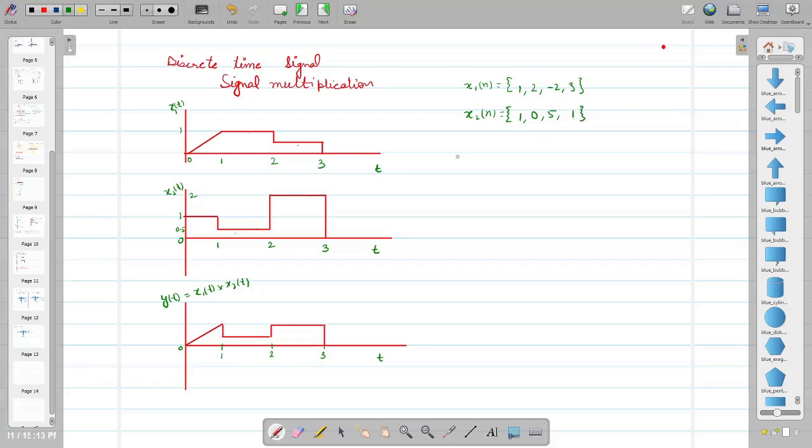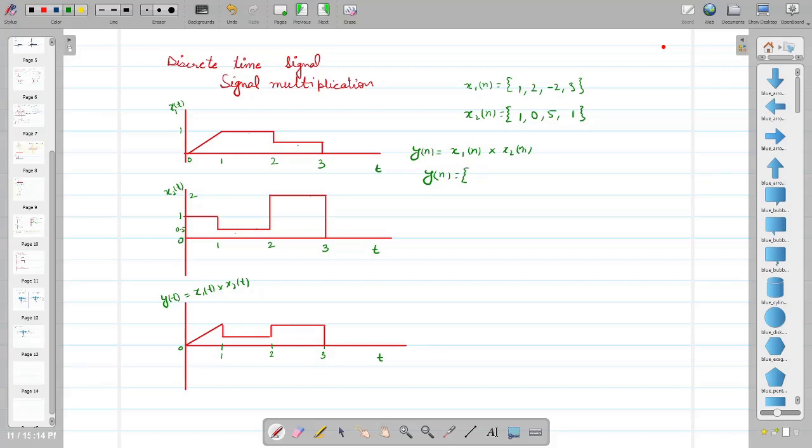So with this kind of sequences, we have to perform the multiplication of two discrete sequences. So it is given by this equation, x1(n) into x2(n) is equal to y(n). If I multiply these two, we will have this kind of sequence representation.